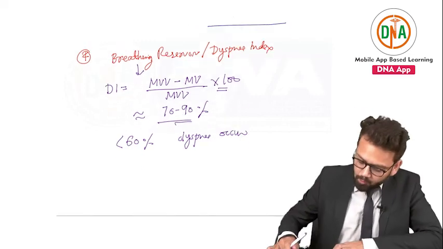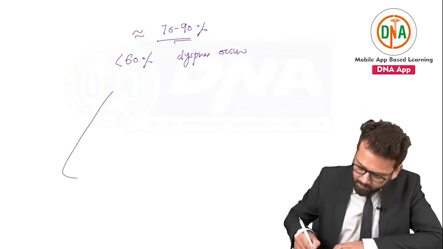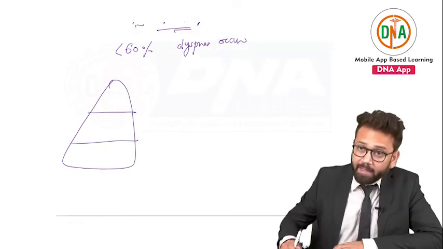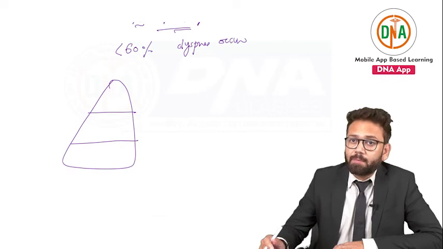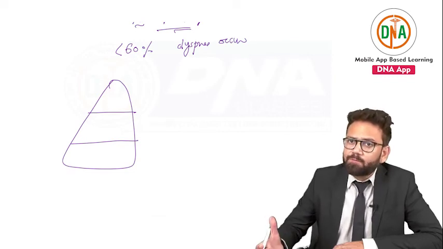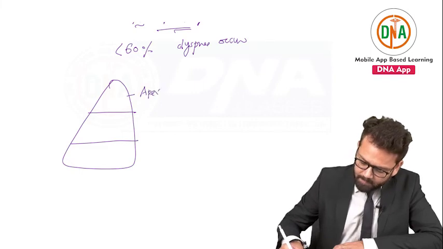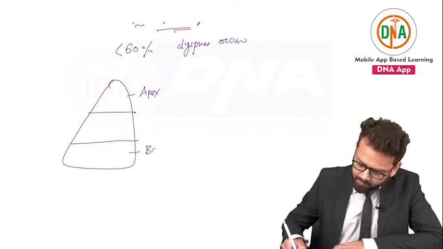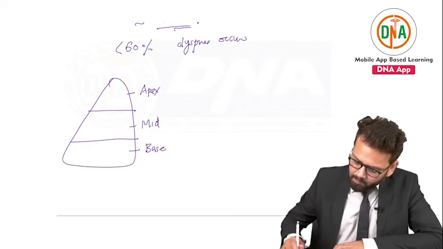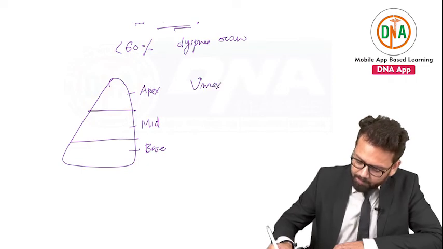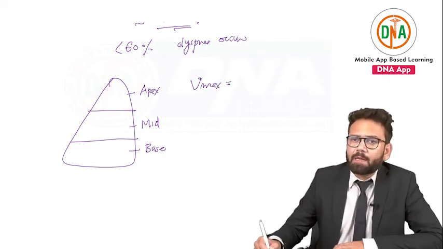Okay. Now one more thing. We have already discussed the V by Q ratio. We have discussed that it is maintained because of surfactant. Now what is the V by Q ratio at the apex, at the base and at the mid? First of all, is ventilation maximum at apex or base?